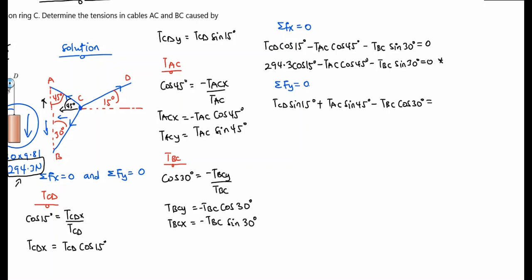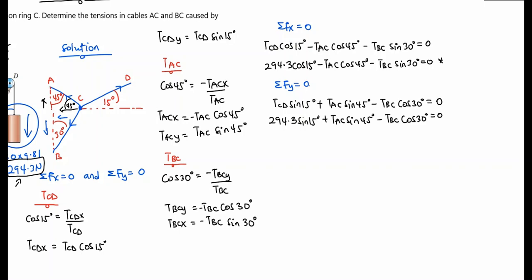This is what you have. This should be equal to 0, right? We know the value of TCD, so we are going to have 294.3 sine of 15 degrees, plus TAC sine of 45 degrees, minus TBC cosine of 30 degrees. This should be equal to 0.